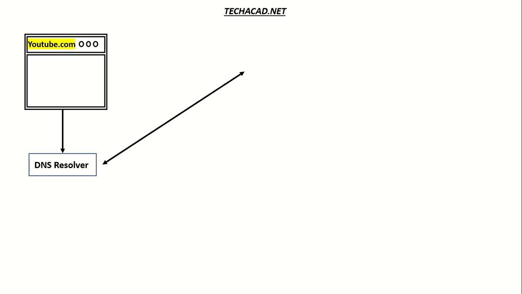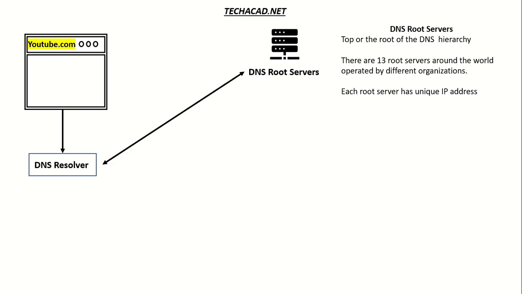If it does not find the IP address, it will forward the query to DNS root servers. DNS root servers are the top or the root of the DNS hierarchy. There are 13 sets of root servers around the world operated by different organizations which manage these root servers. Each root server has a unique IP address.